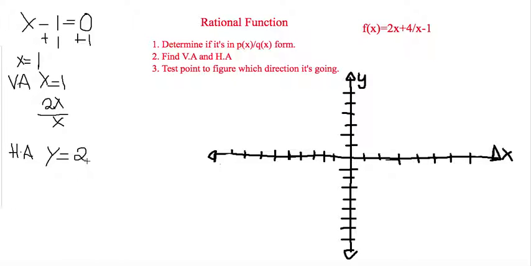Now we must plot it. So here's the vertical asymptote, which is 1. So here's 1. Make that little dash line. And our horizontal is 2.